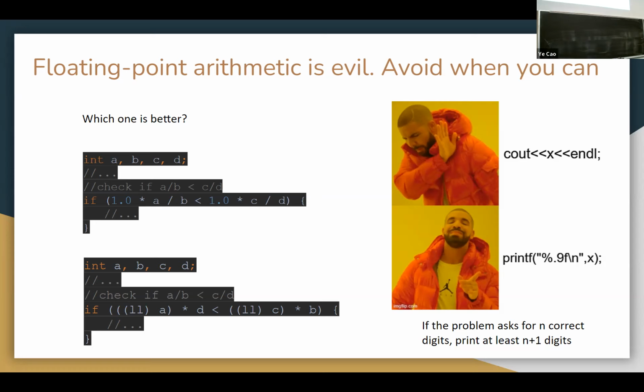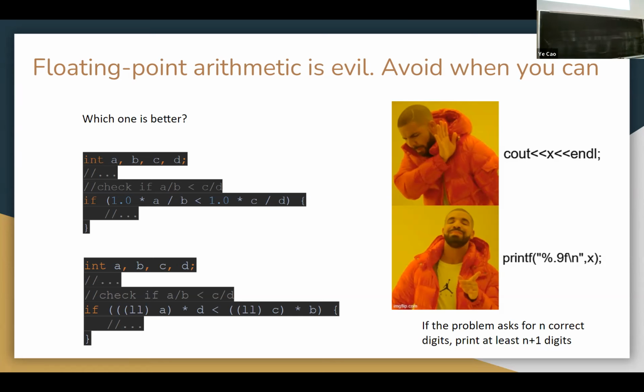Here are two different ways to do it. First, you can convert them into double, do the division, and compare the values of the quotients. Another way is to first convert them to long, do the cross multiplication, and compare the results. Which one do you think is better?